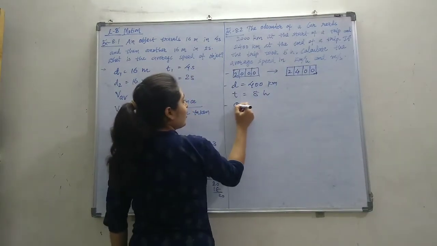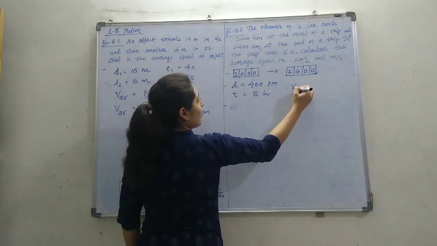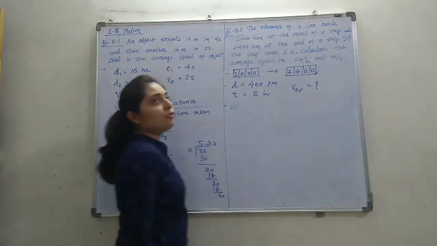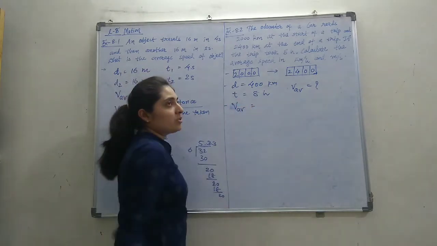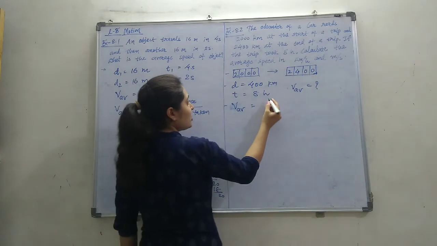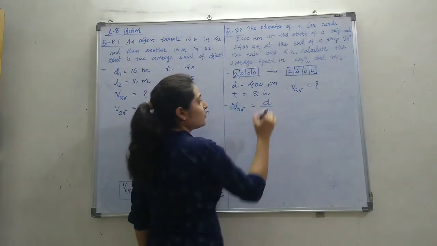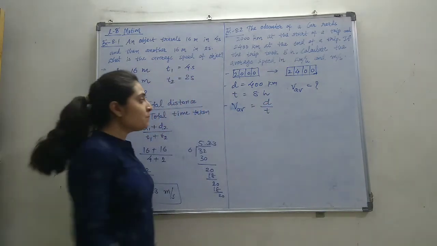So we need to find out V average. Our formula for average speed is equal to total distance upon total time, right?